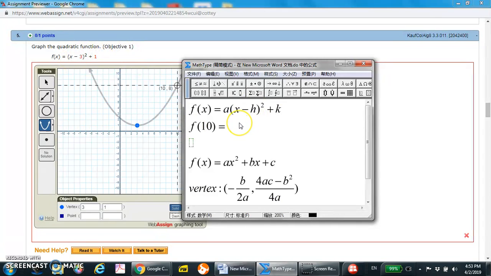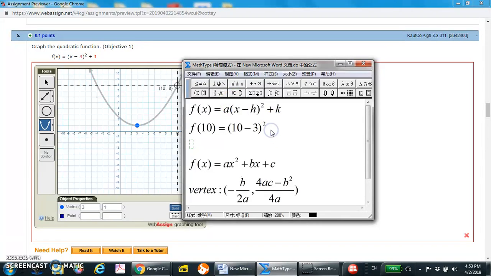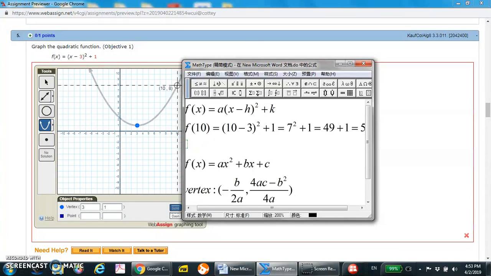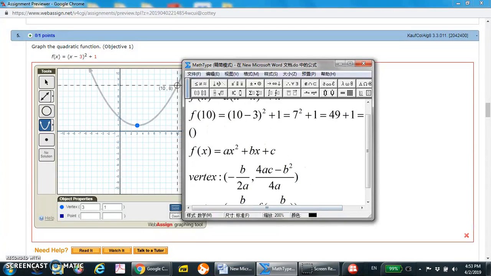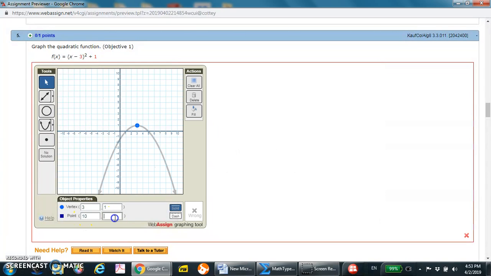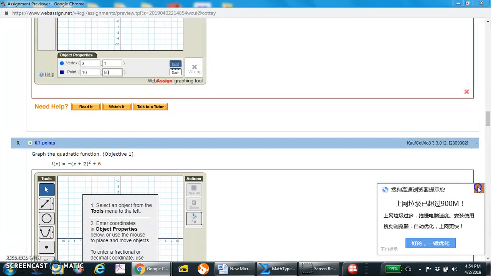Here, if x is 10, the y value is gonna be 10 minus 3 squared plus 1. 10 minus 3 is 7. 7 squared plus 1, so that is 49 plus 1. So that is 50. So the second point is 10 and 50. Now, this answer is correct. Mathematically, it is correct.